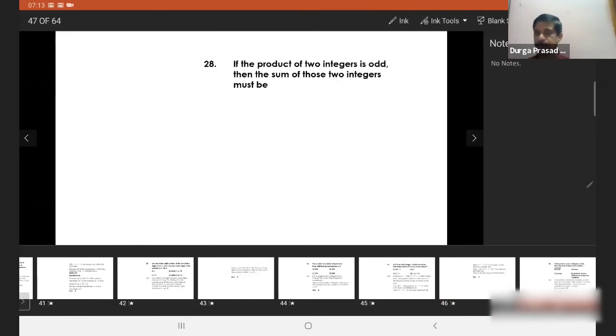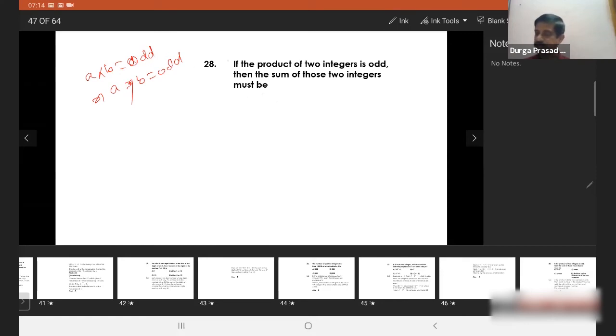If the product of two integers is odd, means compulsorily both should be odd. A may be equal or may not be equal. So A comma B is odd, we'll say, instead of saying equal.